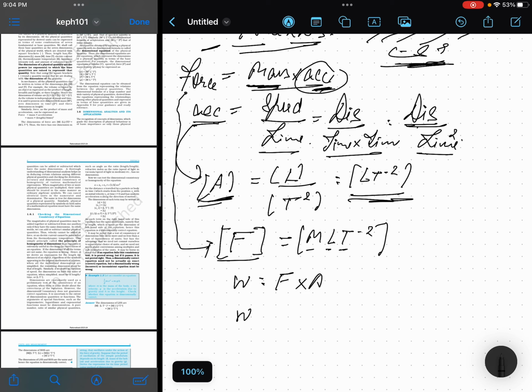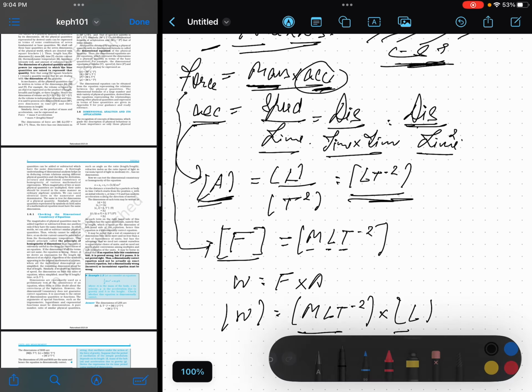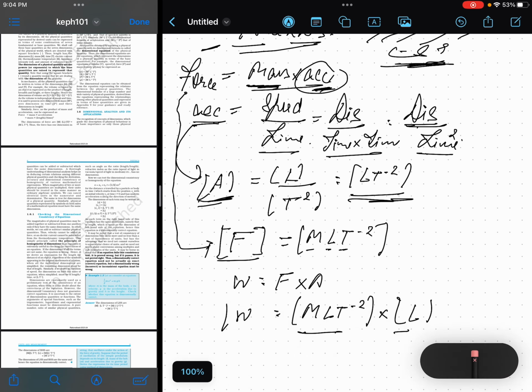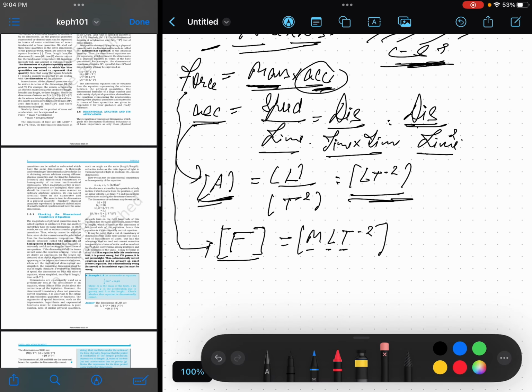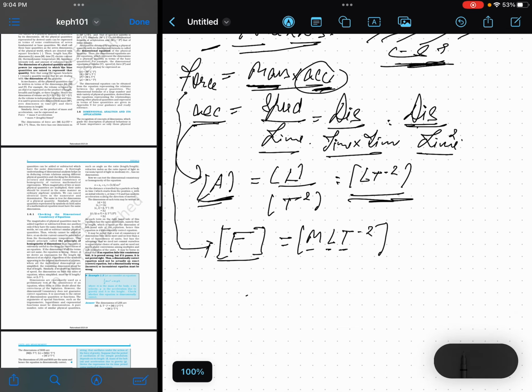So the dimension formula of work done will be equal to MLT minus 2, which is the dimension formula of force, into LT minus 2 into just L. No, sorry, I'm sorry about this. Let's go over once again. This is the last part, I messed it up.